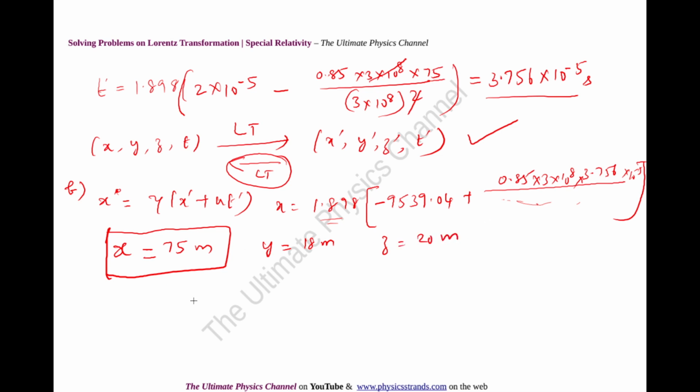And then time, again we can try to get that. t is equal to gamma times t prime plus ux prime over c squared.